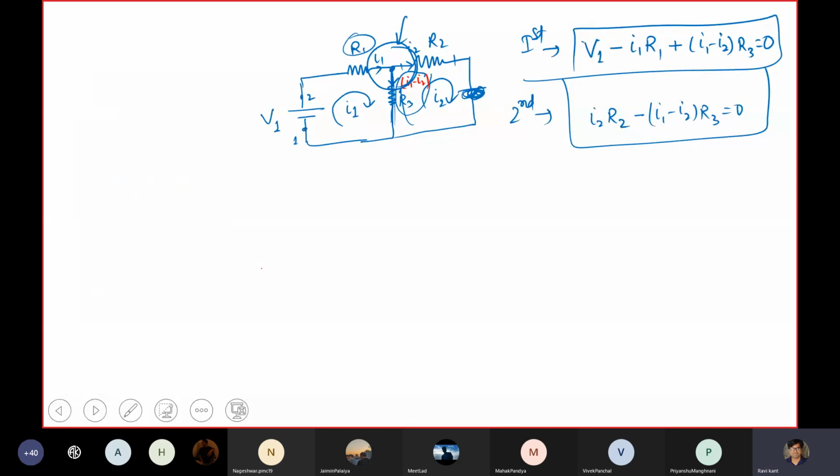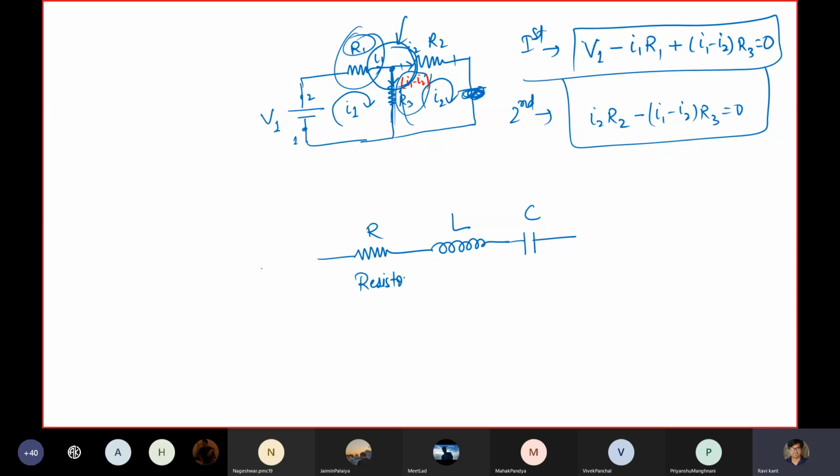This time you only have R, but you may come across not only R as the electrical component, you may have inductors as well. L is the inductance. You may have capacitance in it. So you have resistors, you may have inductors, and you may have capacitors.